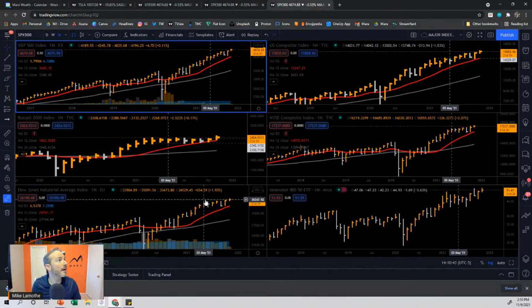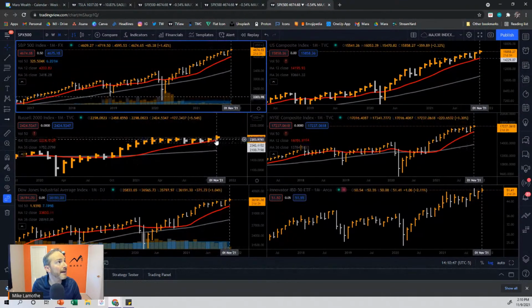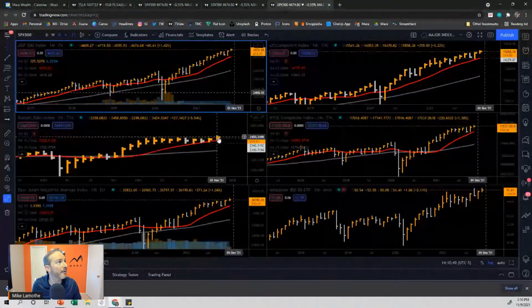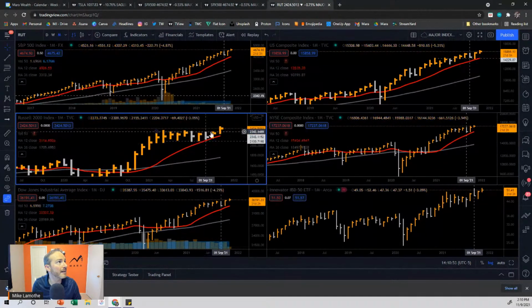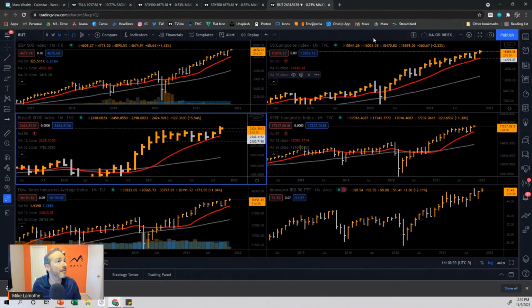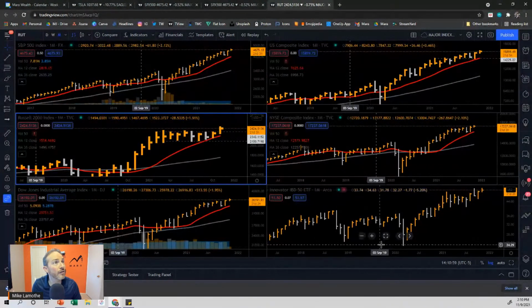Now, when you're looking at this over here with the Russell, and the Russell finally starts to break out, zoom in a little bit on this, it finally starts to break out, and then what happens? You have all of them, all the indexes all together now moving, and resuming their uptrends.